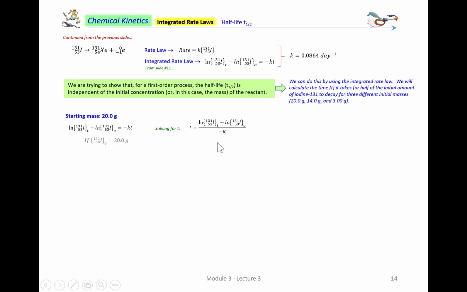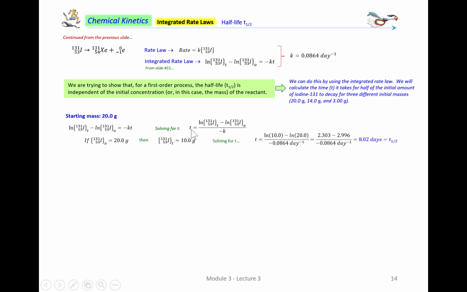And we know that the starting amount in this case is 20 grams. And the amount after time t is 10 grams. Well, why is that? Because remember, we want to calculate the time it takes for half of the initial amount to disappear. In other words, we want to calculate the half-life.